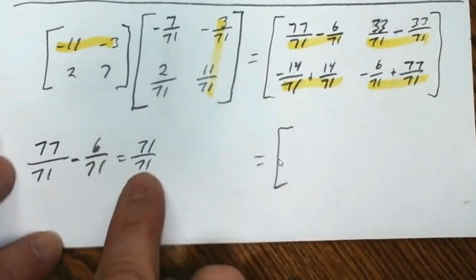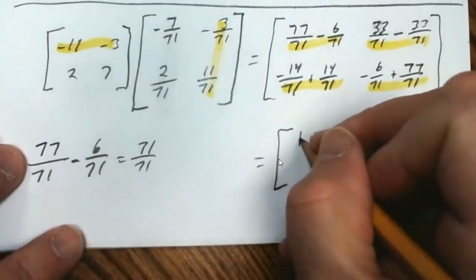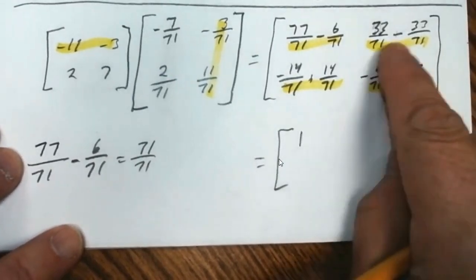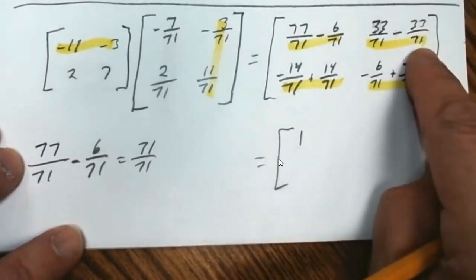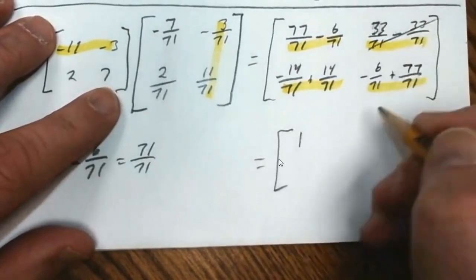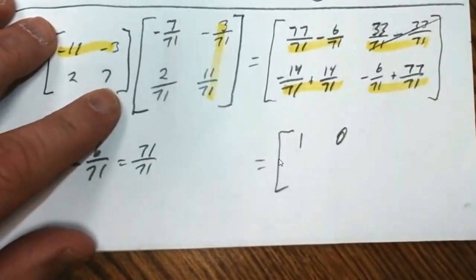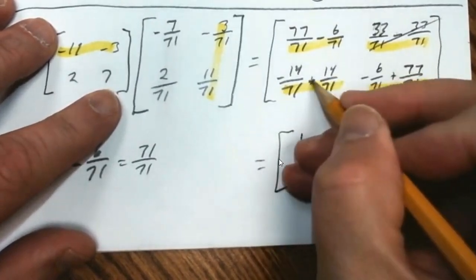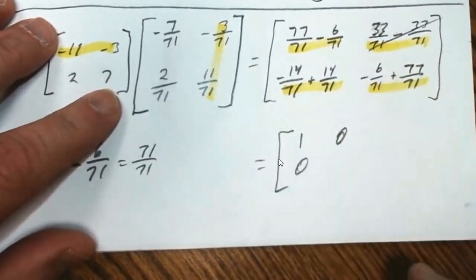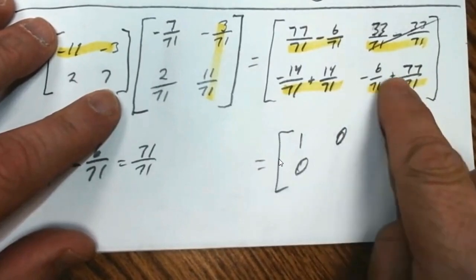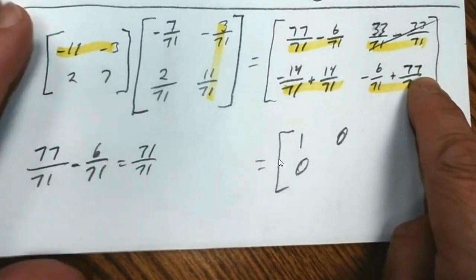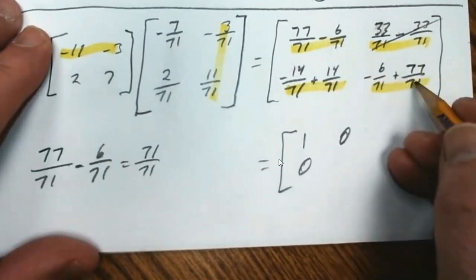Oh, look, 71 over 71. That's just 1. 33/71 minus 33/71. That's 0. Negative 14/71 plus 14/71. That's a 0. Negative 6 plus 77. Well, that ends up the same as this, 71 over 71.